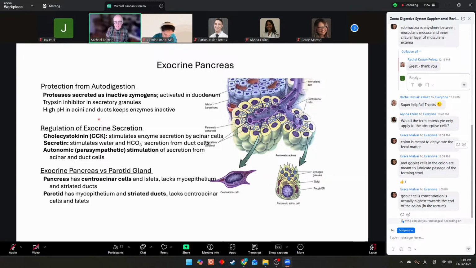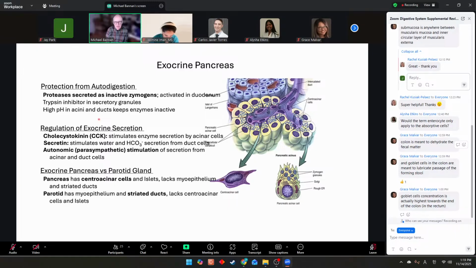Activated trypsin is then able to activate the other digestive enzymes produced by the pancreas. So all these mechanisms prevent autodigestion of the pancreas until the digestive enzymes reach the lumen of the small intestine.